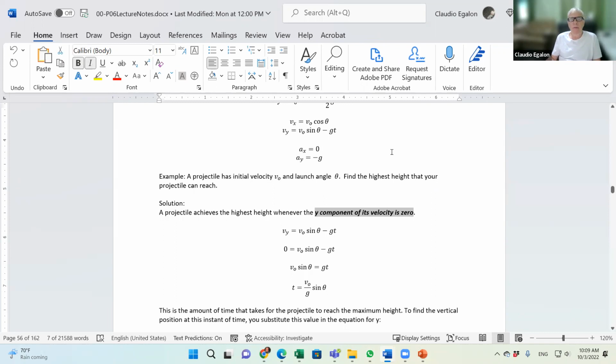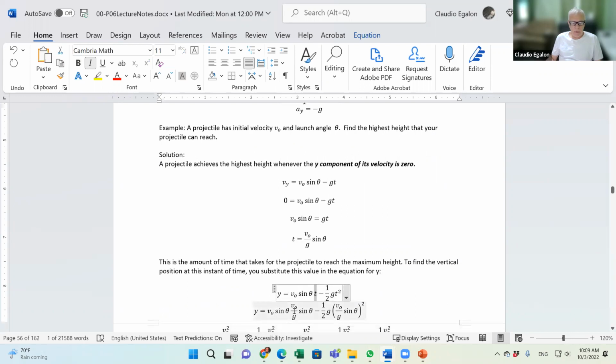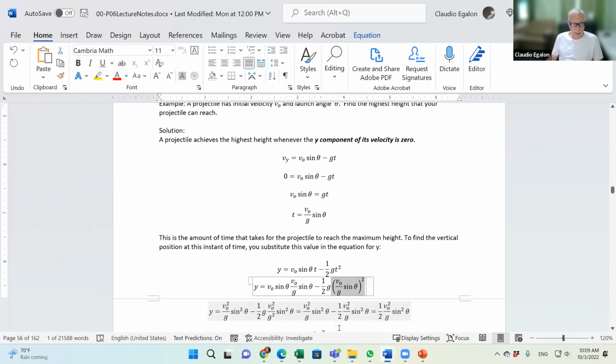If you don't know that, you couldn't solve this problem. Now substituting for y, we put t for the highest point here. Okay, we expand the whole thing.